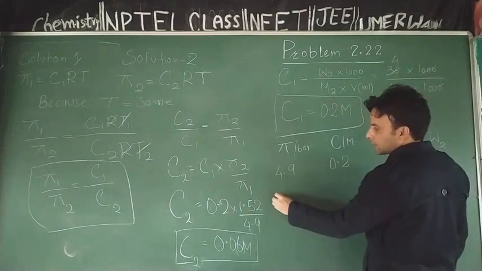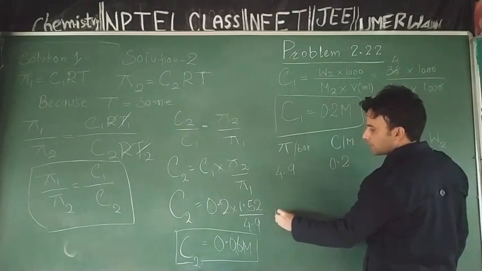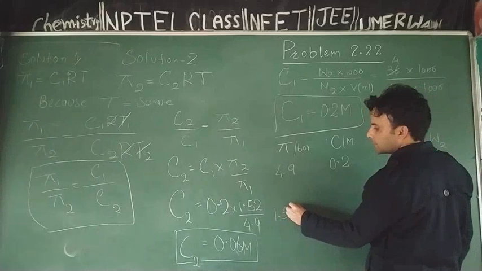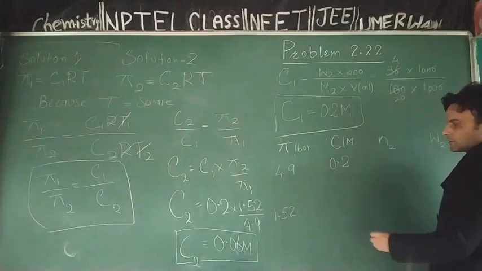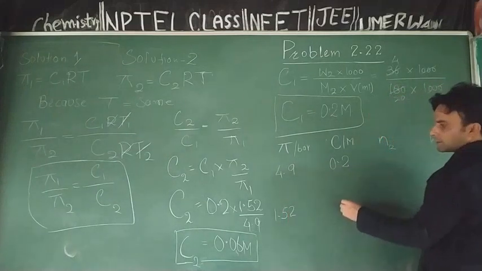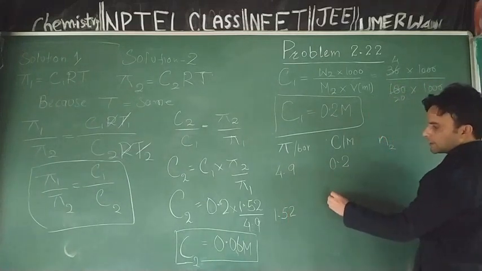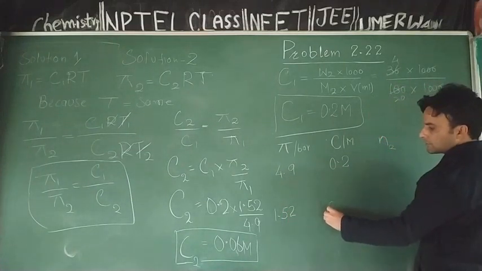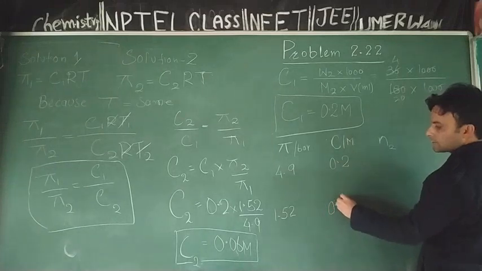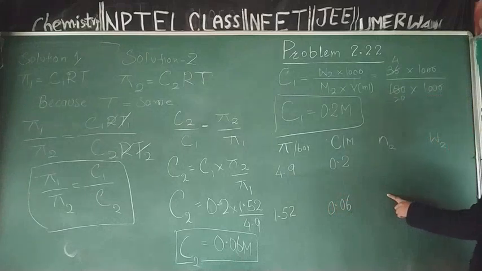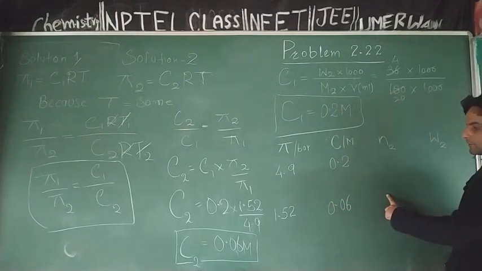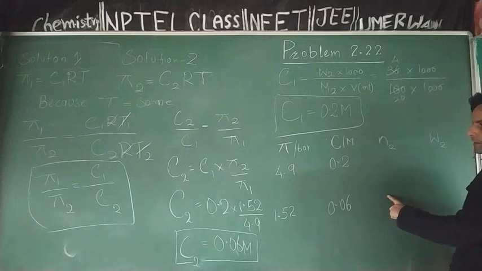And when osmotic pressure of solution of same solute glucose is 1.52, that time concentration, molarity of glucose solution was 0.06 molar. I mean only 0.06 moles of glucose are now present in 1 liter of solution.